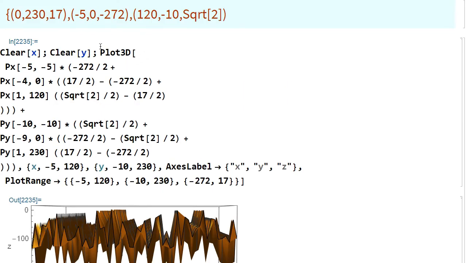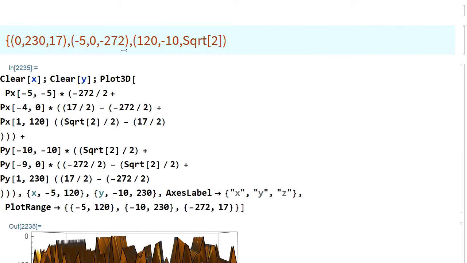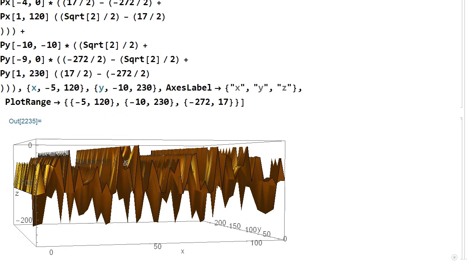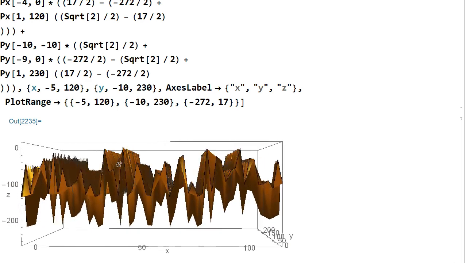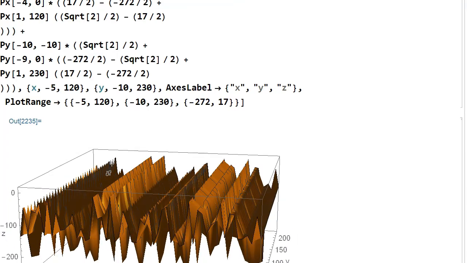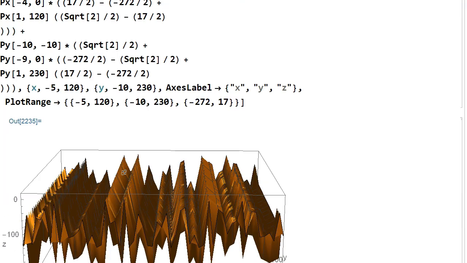It's supposed to be at negative 272 at its largest negative depth, but it doesn't really go there. I don't know what I did wrong with Mathematica. It just seemed not to graph it. Maybe it's too difficult. I don't think anything's too difficult for Mathematica, but there's just something not right with it.